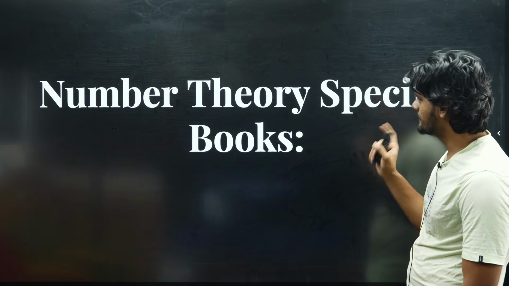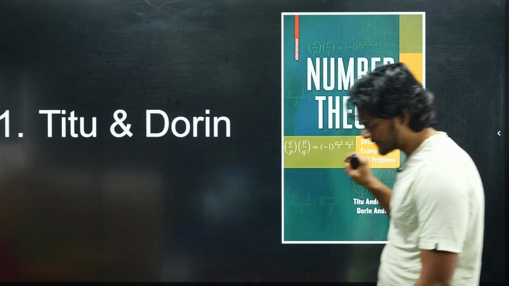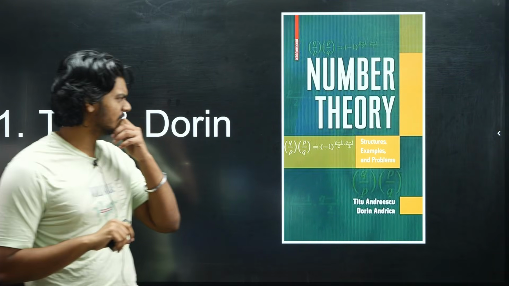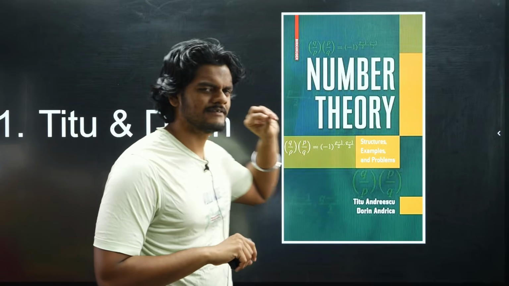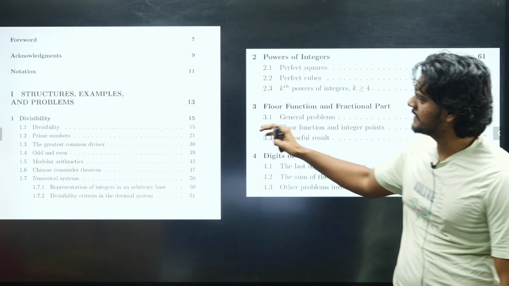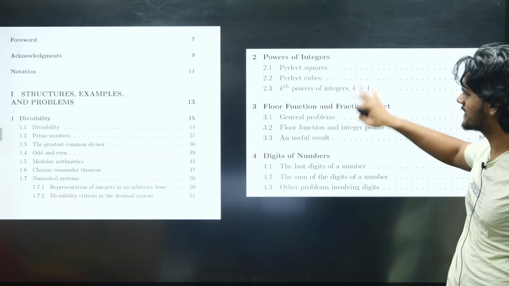So the number theory specific books: Titu Andreescu, who is a well-known mathematician, and his books are very famous. I found this particular book very beautiful. If you look at the content of this book, you have divisibility, powers, everything is there.